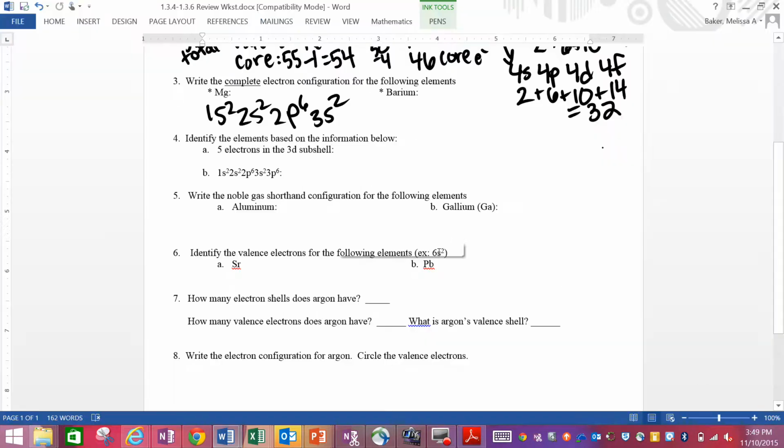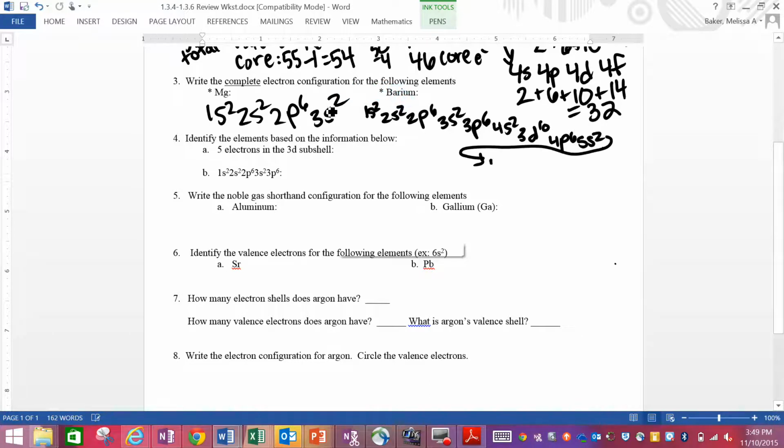I don't even know if I'm going to be able to fit this on here. 1s2, 2s2, 2p6, 3s2, 3p6, 4s2, 3d10, 4p6, 5s2, oh no, continued, 4d10, 5p6, 6s2.